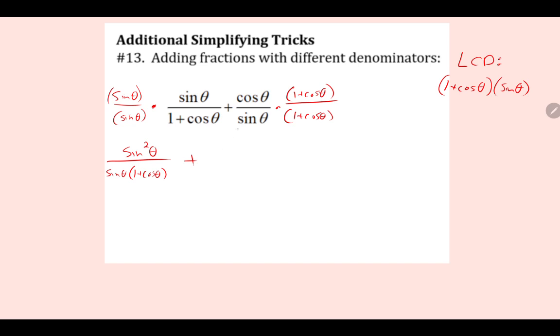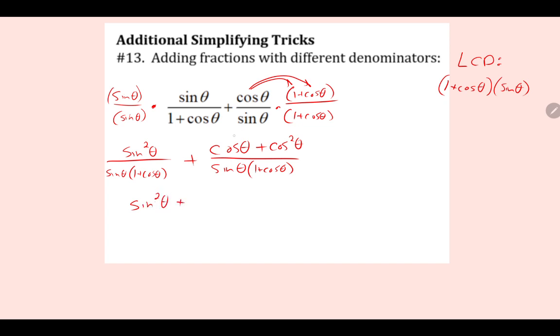On the right fraction, now I'm going to distribute this cosine of theta in to give me cosine of theta plus cosine squared of theta. And then again, that's over the LCD. Great. Now I have the same denominator, which is wonderful. That means I can add the numerators together.